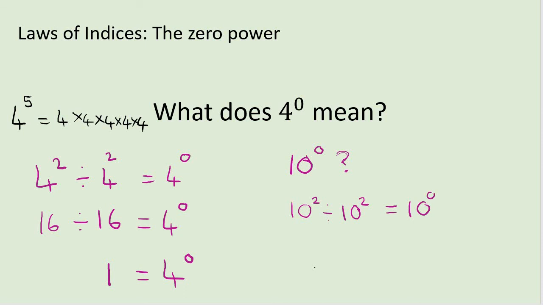And that will give me 10 to the 0. 10 to the 2 take away 2, it's going to be 0. 10 squared is 100. 100 divided by 100, same as 16 divided by 16. Anything divided by itself is 1. So 10 to the 0 is 1. So is this true for every number?